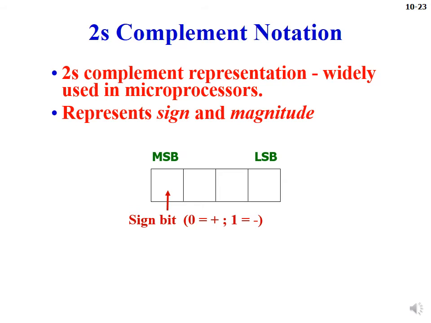Two's complement allows us to use the most significant bit as a sign bit. The rest of it's still the same.